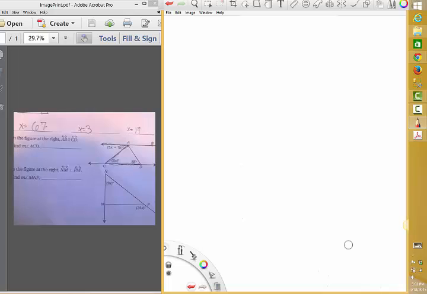Okay, second question. In the figure at the right, line NP is perpendicular to line PM. So you have a line, and you have a line that's perpendicular to it. And perpendicular means that it forms 90-degree angles with this line.